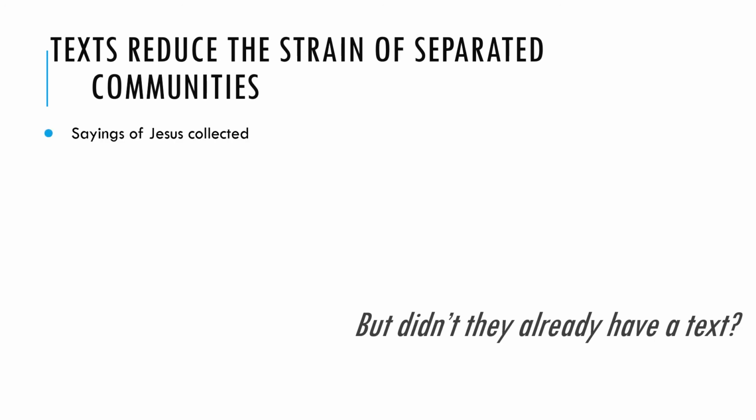So the sayings of Jesus start to be collected. The sermons or the prophecies are written down. Again, not a text we're going to look at, but if you're familiar with the New Testament, something like the book of Hebrews really looks like a sermon. It looks like someone preached a sermon, and it may have in fact been something that in one community someone comes through and preaches a sermon and someone copied down what they said.